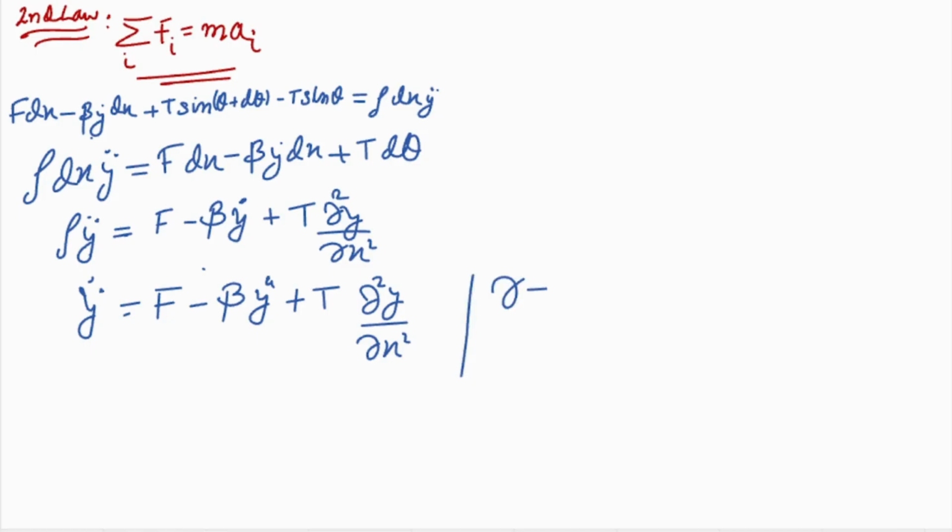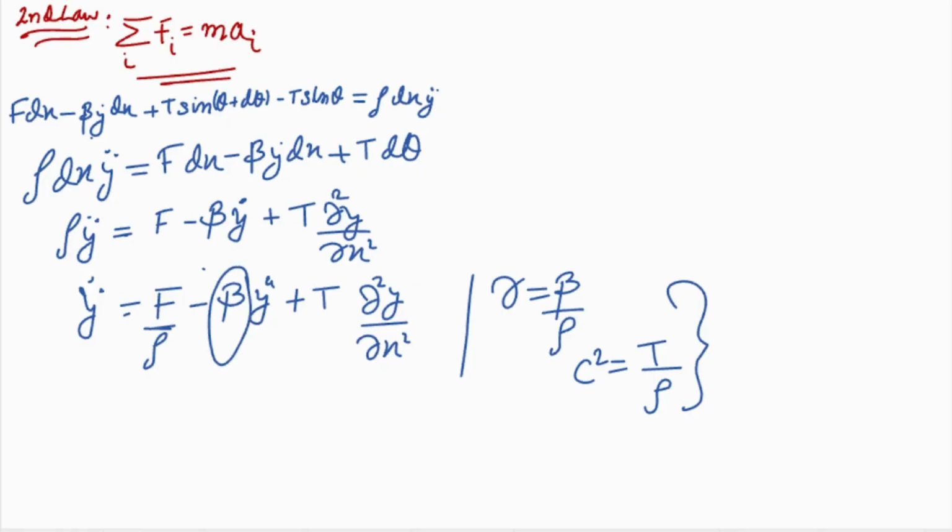Let's define gamma to be beta over rho and c squared to be tension over rho. If we define that, then in our equation of motion, we can change this over-rho term and this over-rho term to our standard terms, gamma and c squared.